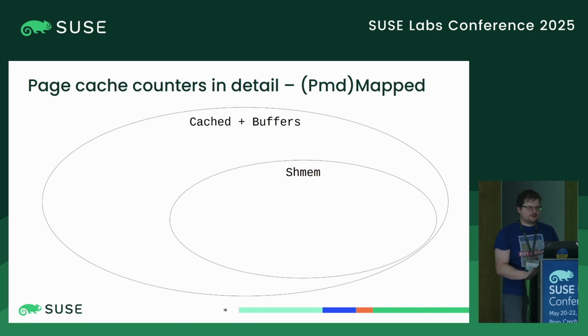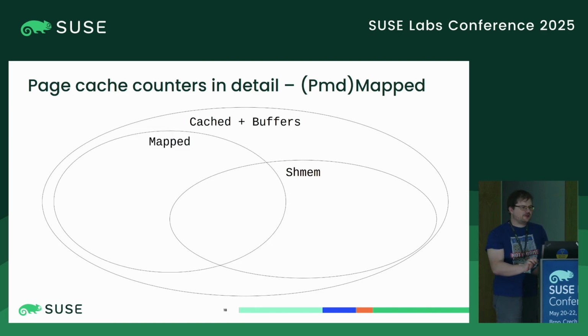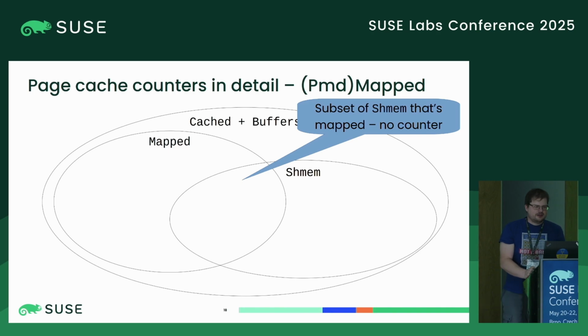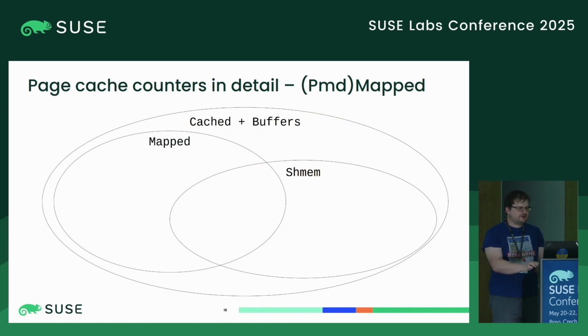Yeah, so again, for this I've put the cached and buffers together, otherwise the diagram would be just too much, and part of it, again, is shmem. Then part of the broader thing can be mapped by processes. The subset of the shared memory that's mapped doesn't have any special counter.